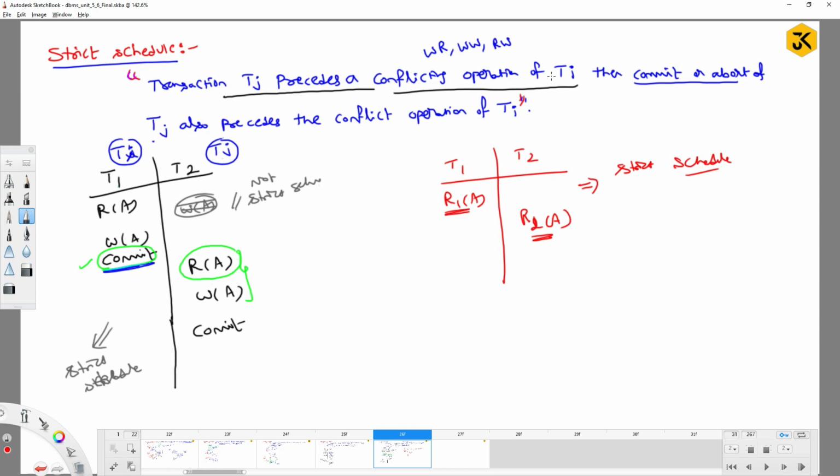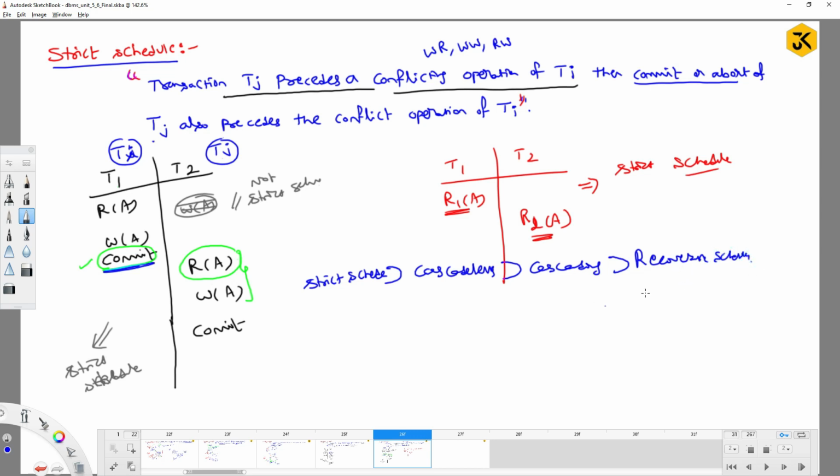If you observe clearly, strict schedule has more stricter rules than cascadeless schedule. Yes or no? And cascadeless schedule has more stricter rules than cascading schedule, and cascading schedule has more stricter rules than recoverable schedules.